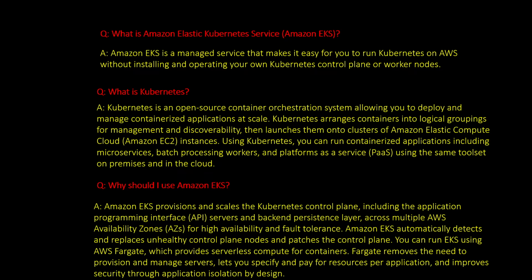Amazon EKS automatically detects and replaces unhealthy control plane nodes and patches the control plane. You can run EKS using AWS Fargate, which provides serverless compute for containers, and Fargate removes the need to provision and manage servers, lets you specify and pay for resources per application, and improves security through application isolation by design.